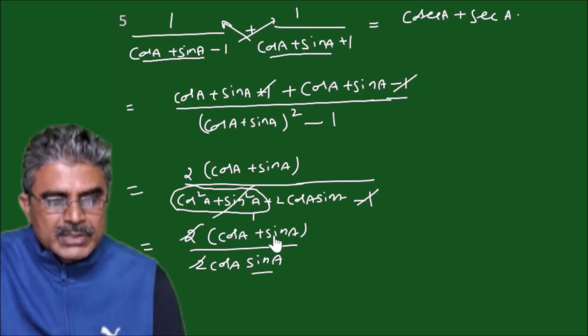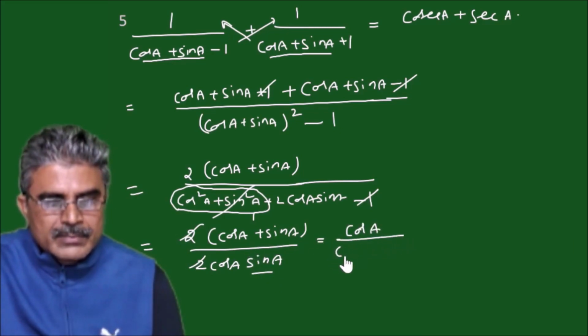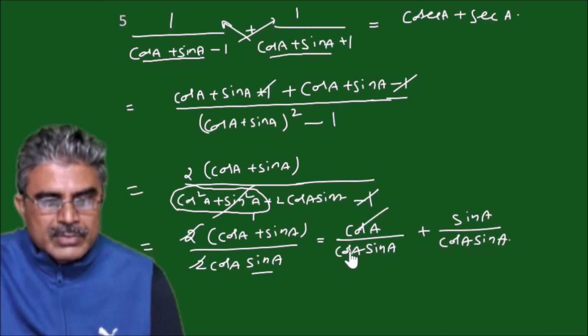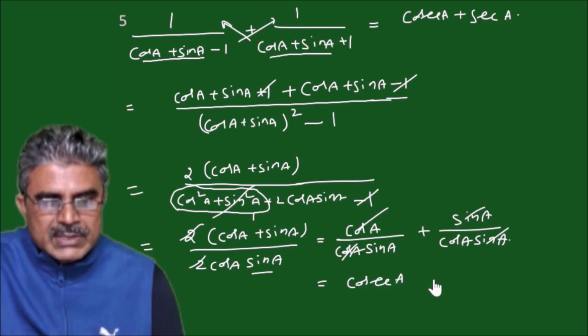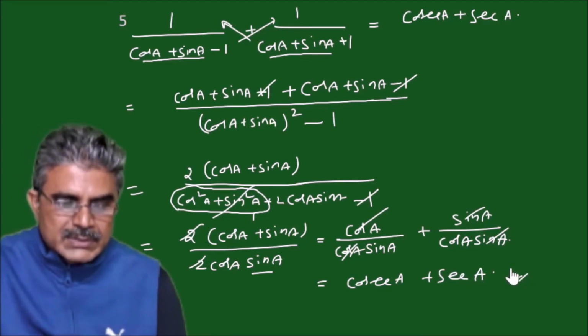Split this denominator to the above two terms: cos a by cos a sin a plus sin a by cos a sin a. Respective common terms get cancelled. The remaining thing is 1 by sin a, which can be written as cosecant a, plus 1 by cos a, which can be written as secant a, hence the RHS.